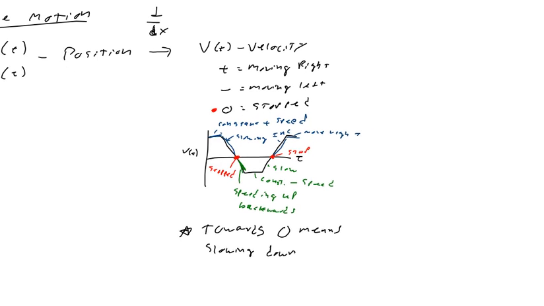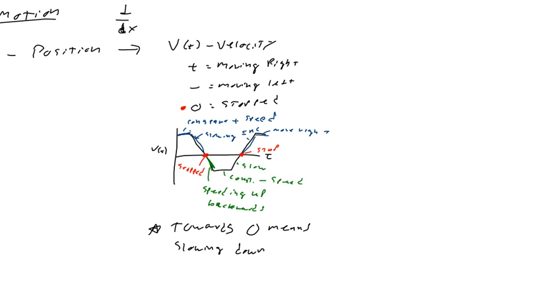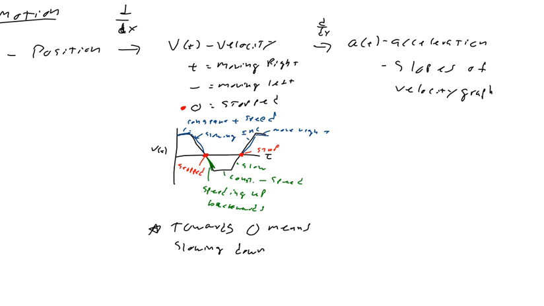Now from that, we can do the derivative again and get acceleration. It's the slope of the velocity graph. So when I'm flat, my acceleration is zero. Flat means my acceleration is zero.